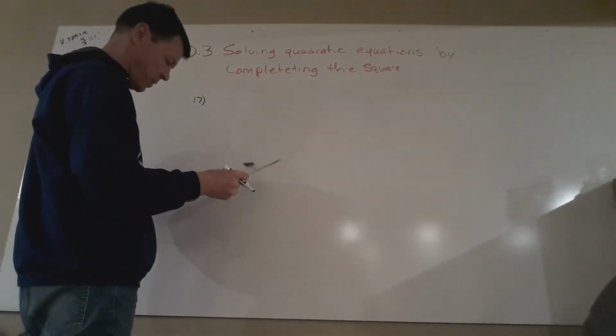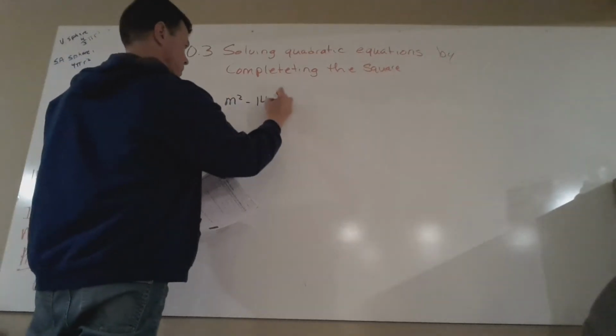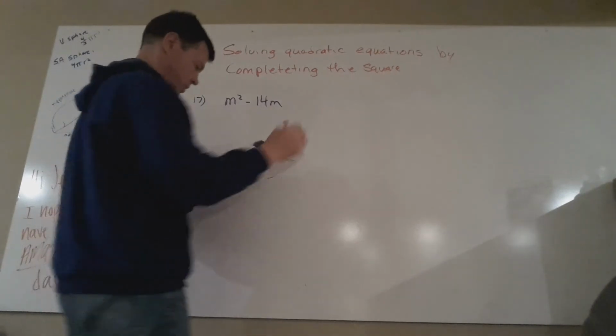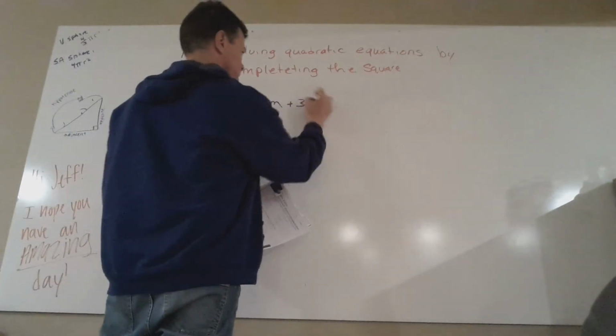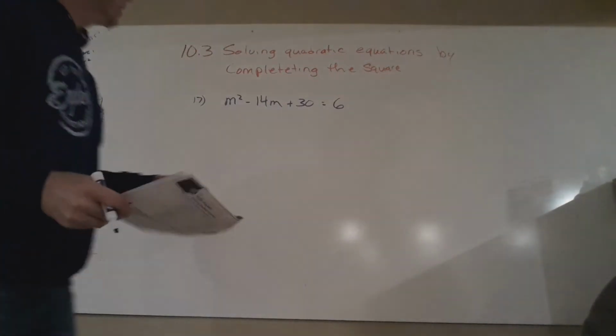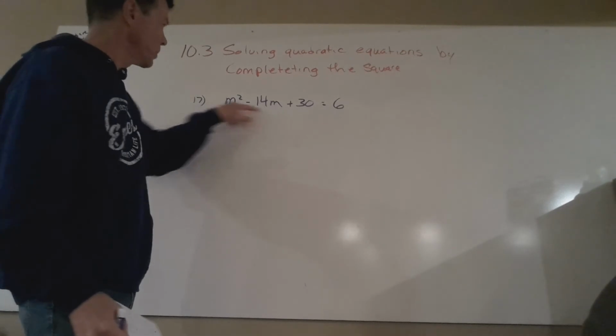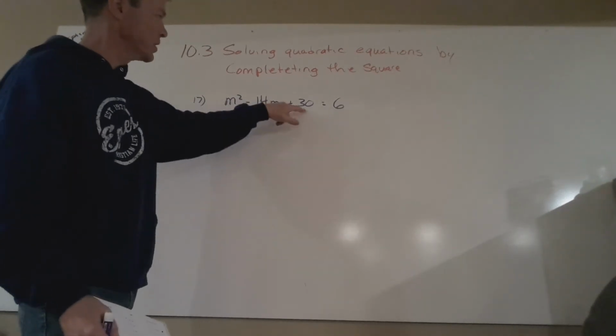m squared minus 14m plus 30 equals 6. All right, so in order to keep things less confusing, I want to just be working with these two terms. So I'm going to get rid of this 30.